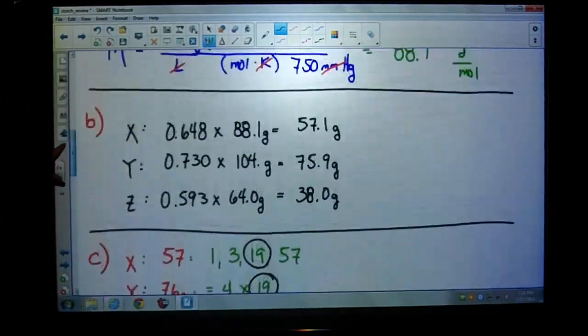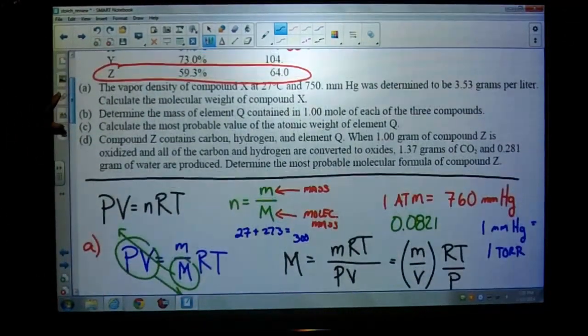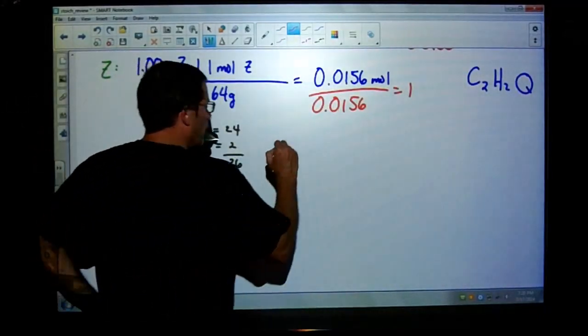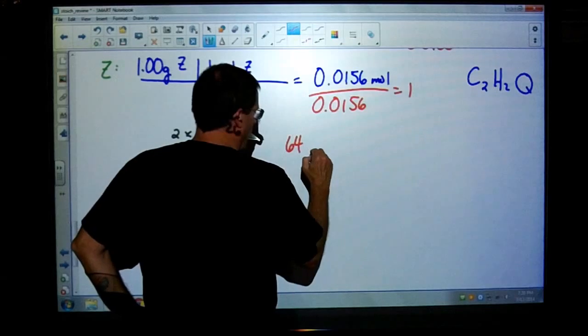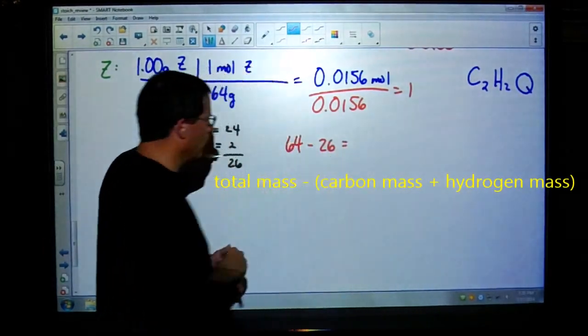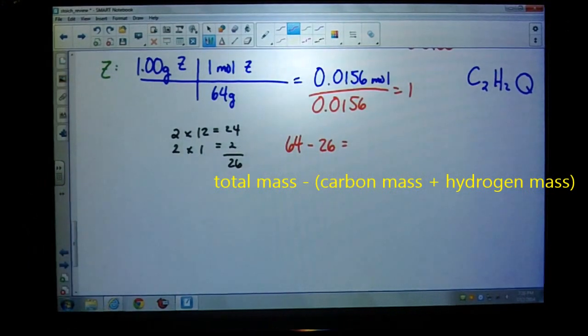Let's say that the molar mass is 64. Follow me here. The molar mass of the compound is 64 grams per mole. If I subtract 26 from that, what do I get? 64 minus 26 is 38.